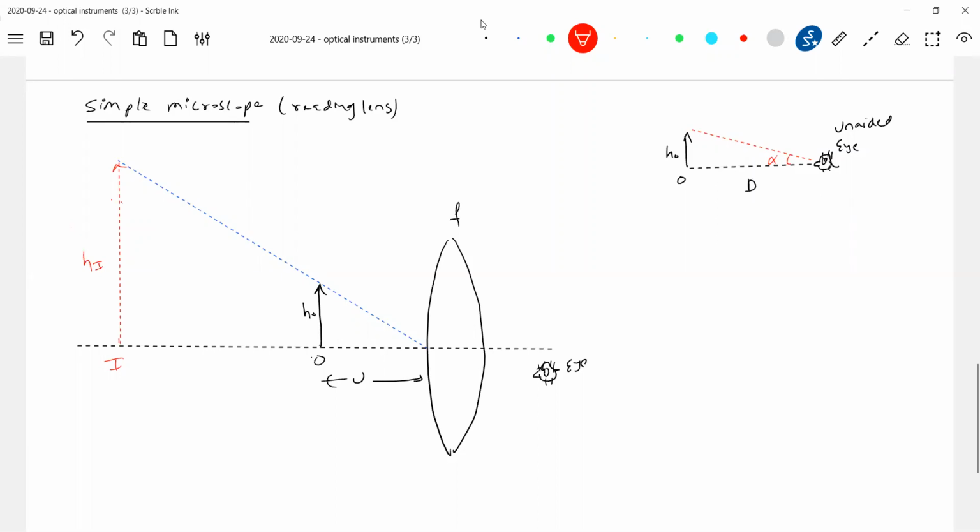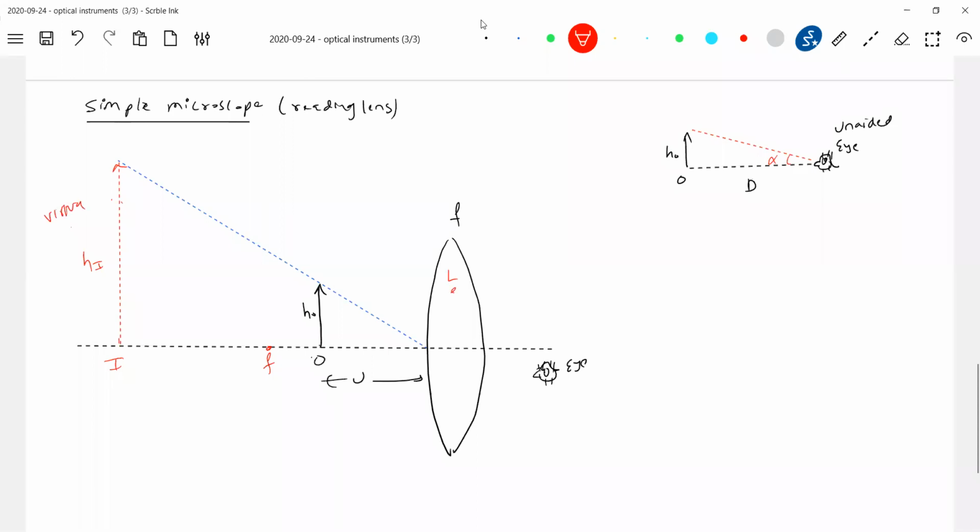Convex lens, you go back to ray optics. If the object distance is less than the focal length, then what happens? A virtual image will be formed. So this U should be less than F. So the F of the lens, I'll show it here. Agreed? Then it forms a virtual image, and this image is virtual.